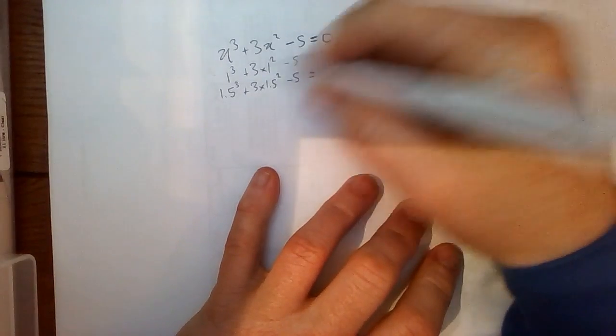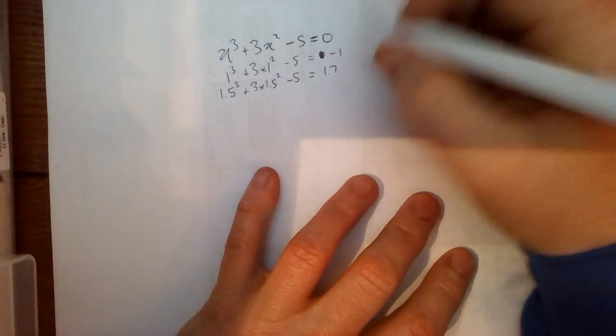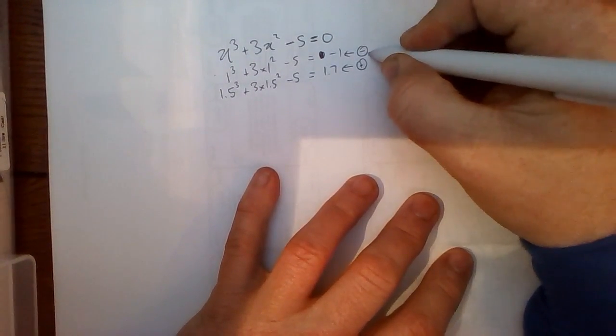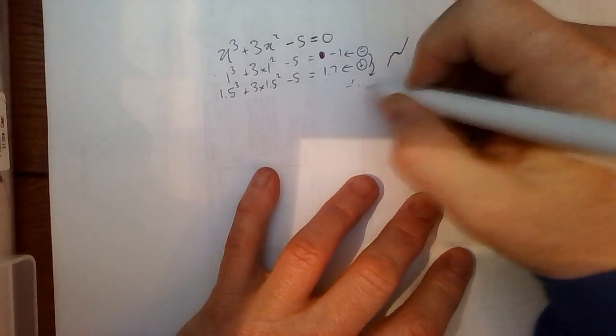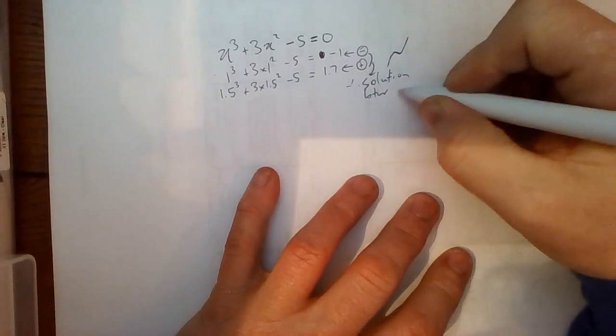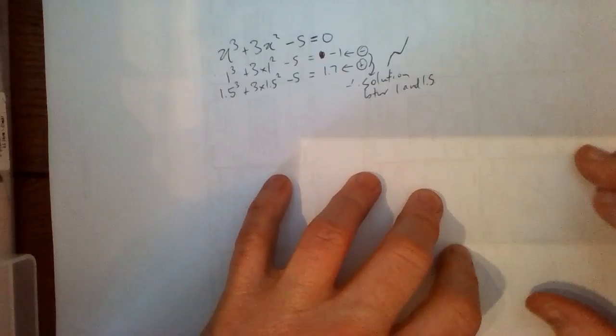I can't immediately bring to mind what that will be, but let's say it's 1.7. And what you do is you now point out that you've succeeded. So you say negative, you say positive, and you say therefore solution between 1 and 1.5. So that's the first step.